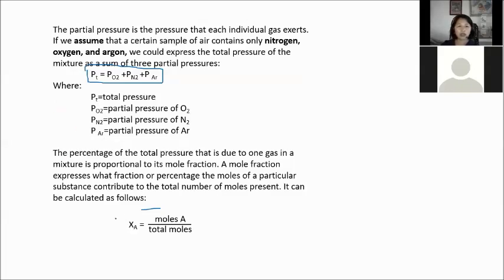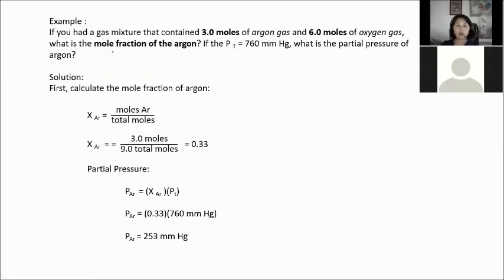Okay, so to solve for the mole fraction, where mole fraction expresses what fraction or percentage the moles of a particular substance contribute to the total number of moles present. So, parang percentage ng gas in a total mixture of gases.